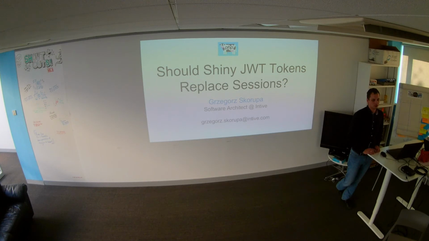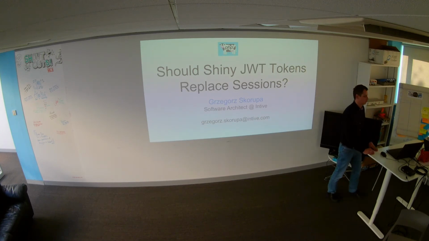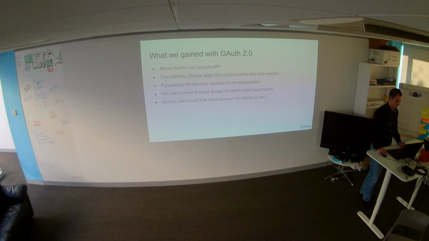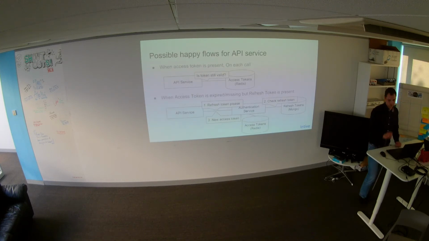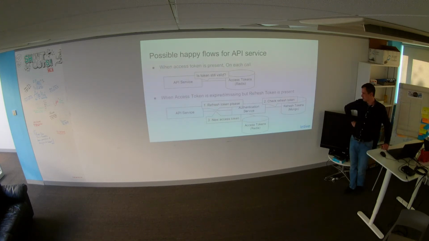In this scenario, when you had a simple is-the-token-valid check versus refreshing the token, what was the performance difference of each call? Are we talking a few milliseconds, or was it quite significant? Frankly, I don't know.